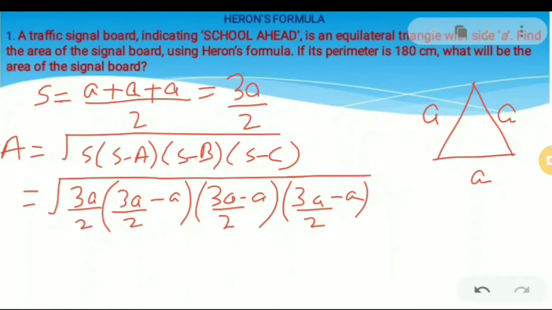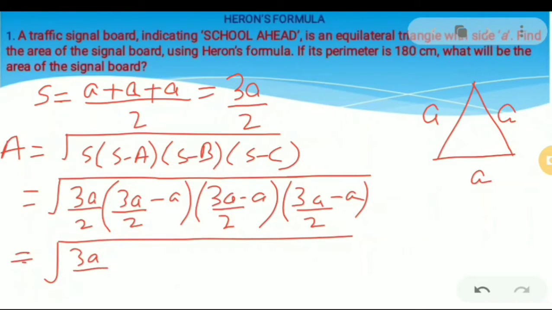Now if you solve the bracket 3a by 2 minus a using the LCM method, it will come a upon 2. So we will get 3a upon 2 into a upon 2 into a upon 2 into a upon 2.